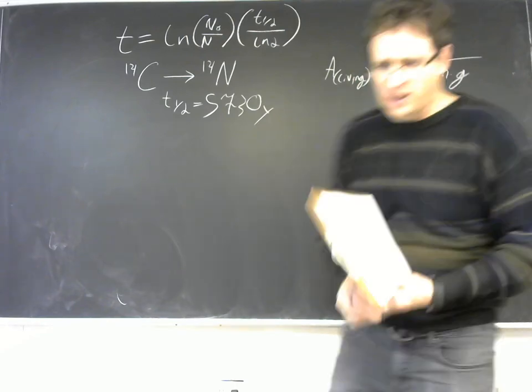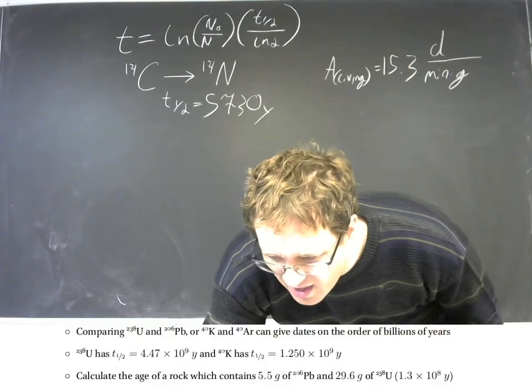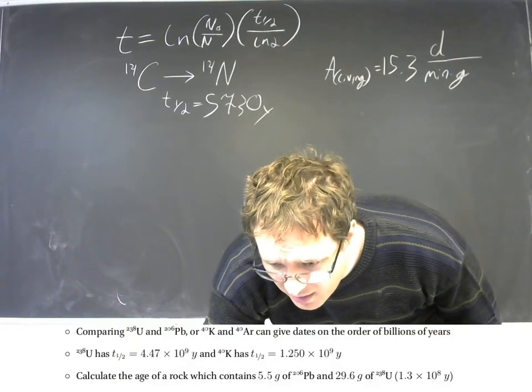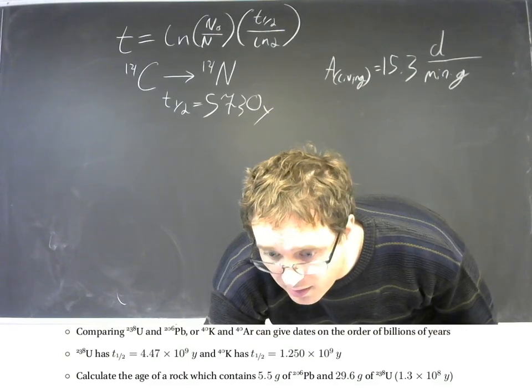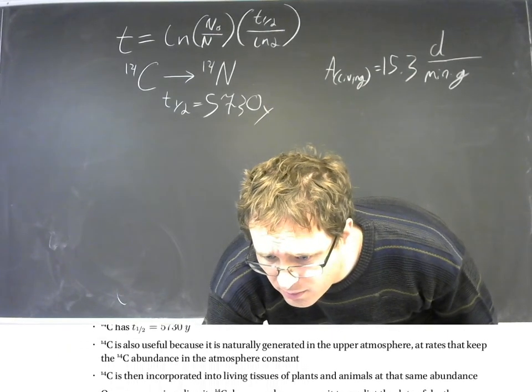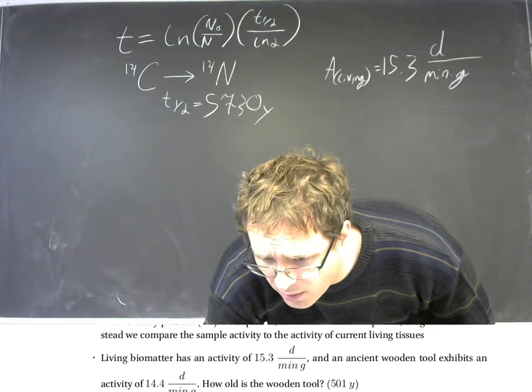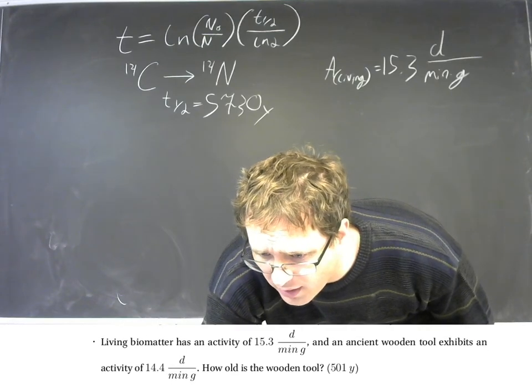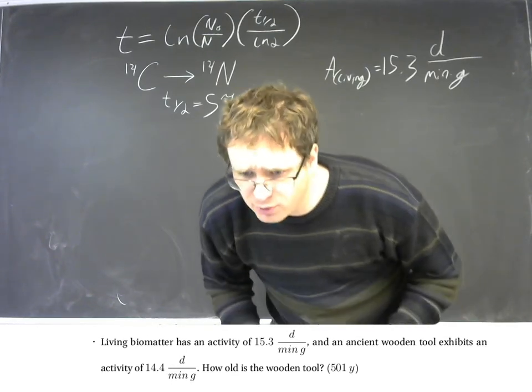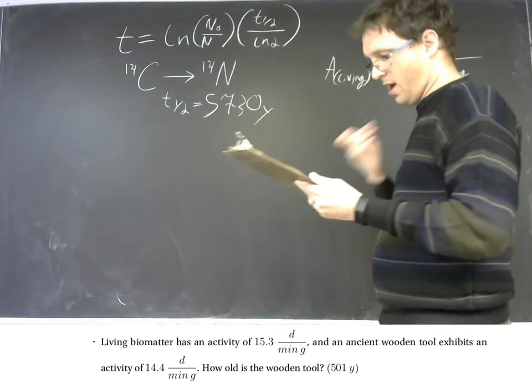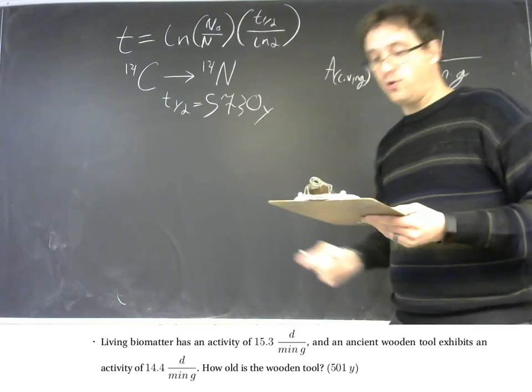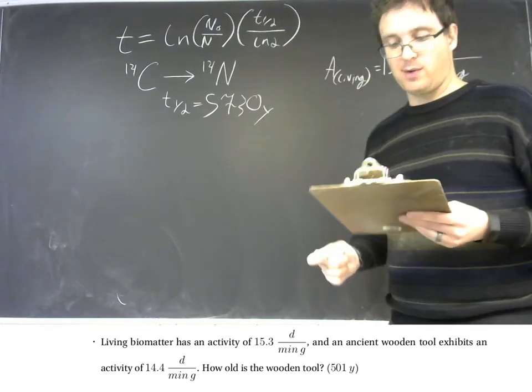So let's look at a practice problem. Okay, there we are. An ancient wooden tool exhibits an activity of 14.4 disintegrations per minute gram. How old is this wooden tool?